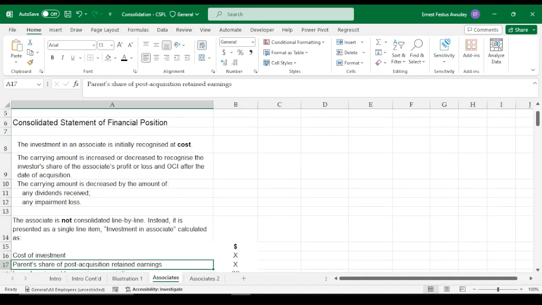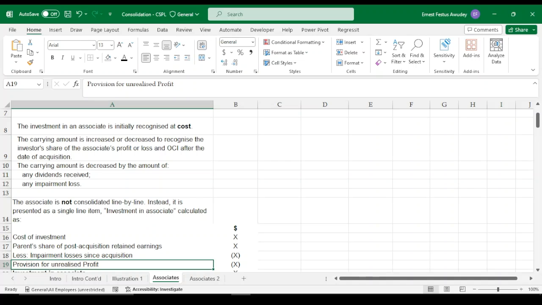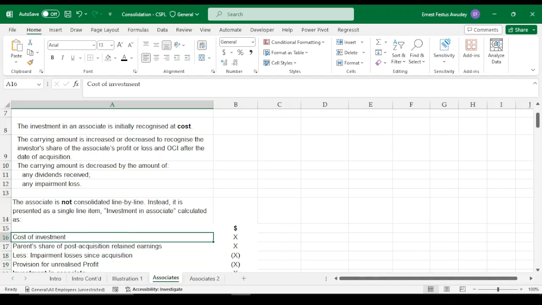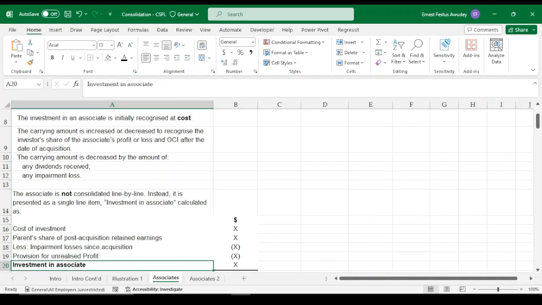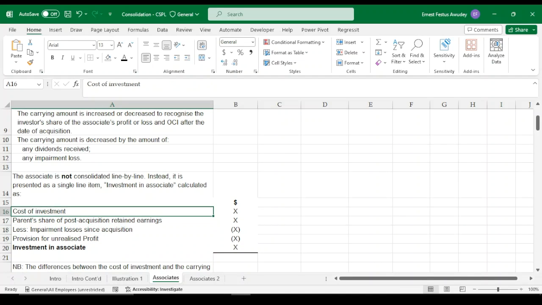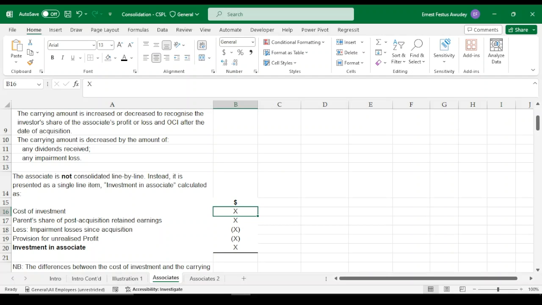So that is what we have for the equity method. Now, how do we calculate this investment in associates within the consolidated statement of financial position? As I said, this is what we call the equity method. So this is the equity method in action. We have the cost of the investment in the associates right here, and then we are going to add the parent's share of any post-acquisition profit or retained earnings or reserves, whatever term you want to refer to it.